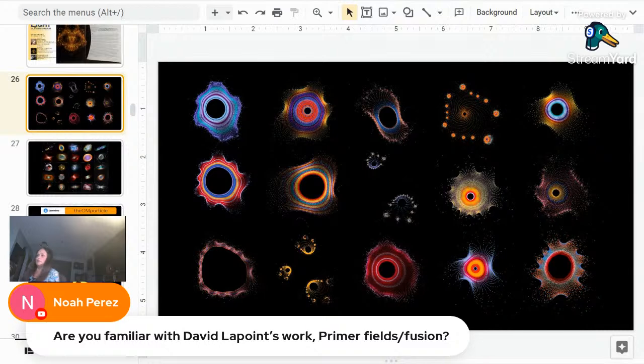So I think his work is really cool. I don't know if he can develop fusion with this model. He claims that he had a vision from God that gave him this model, and his plasma experiments are really interesting.